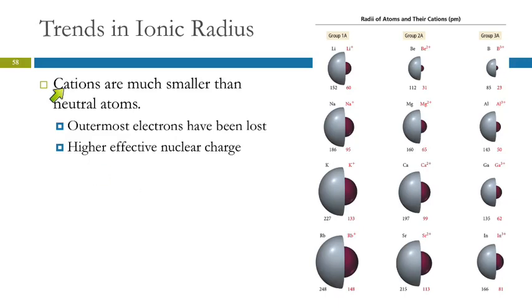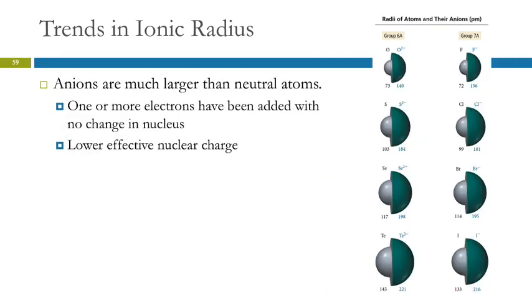So this is why, but I think remembering are cations smaller or bigger than atoms is easy because if you're taking something off, does that make it smaller or larger? It makes it smaller. Anions are much larger than neutral atoms, and that makes intuitive sense too because if you're adding stuff onto the outside of the atom, that should make it bigger, right?